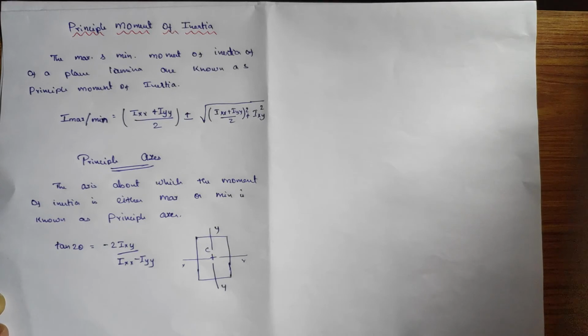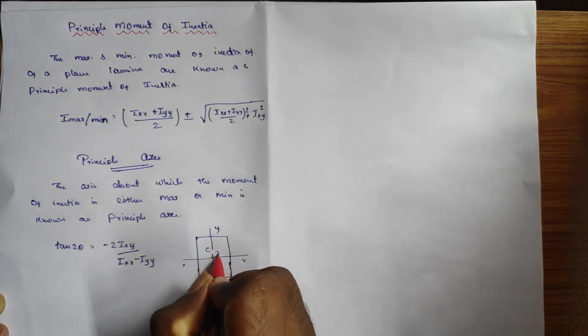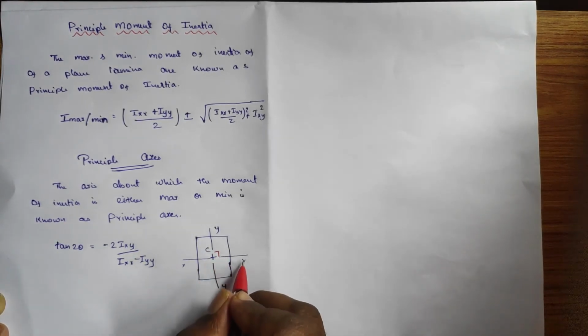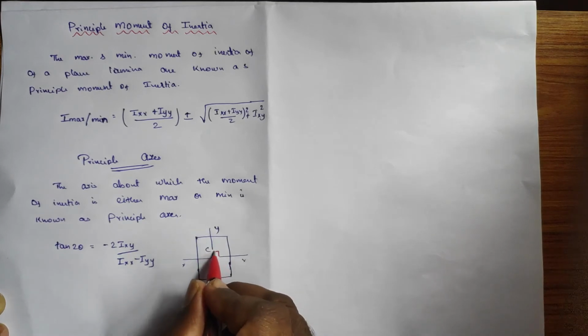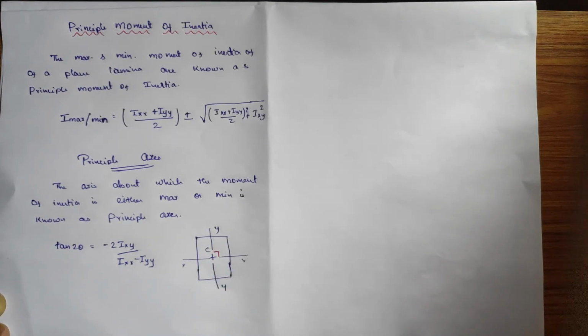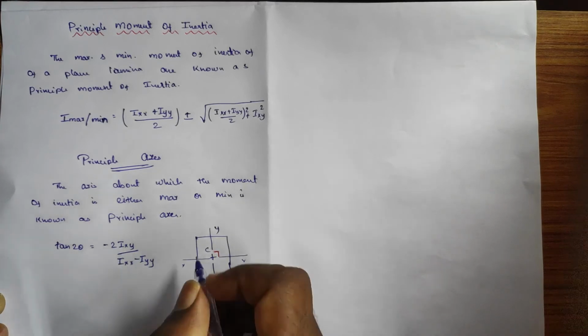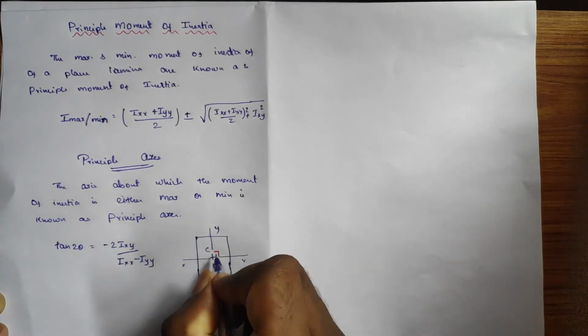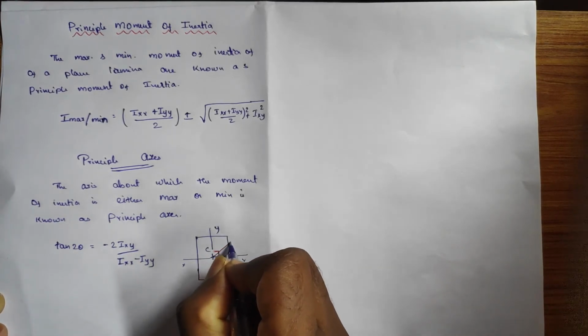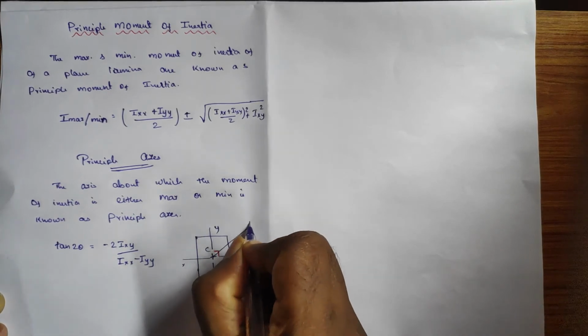Always remember that the perpendicular axes xx and yy are always 90 degrees apart. Say you get the maximum principal axis at the theta value somewhere here; this is the I max.